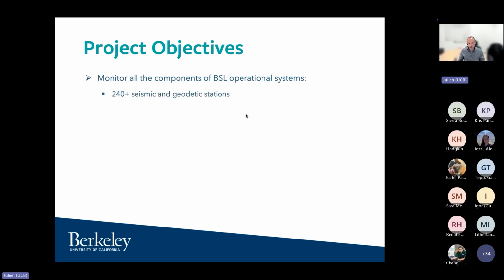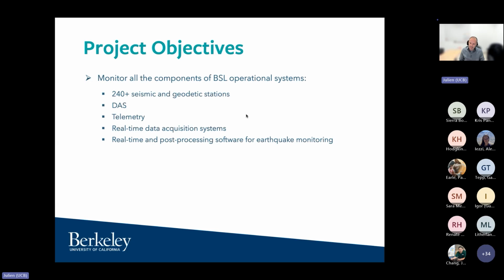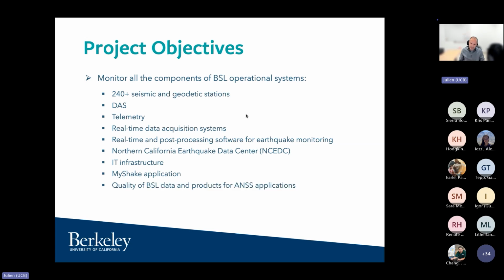And that would include, of course, our large network of seismic and geodetic stations, our new DAS infrastructure, telemetry between the stations and our processing centers, our real-time data acquisition system, our real-time and post-processing software for earthquake monitoring, our data center, our underlying IT infrastructure, the MyShake application, which is developed, operated and maintained by our lab as well. As I mentioned earlier, the quality of the BSL data and products for ANSS application, and the performance of the earthquake early warning system we are part of.